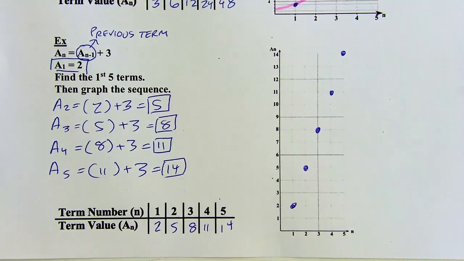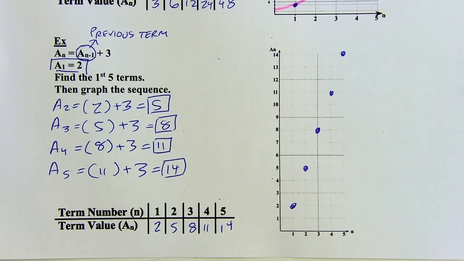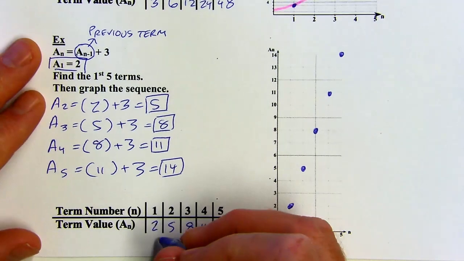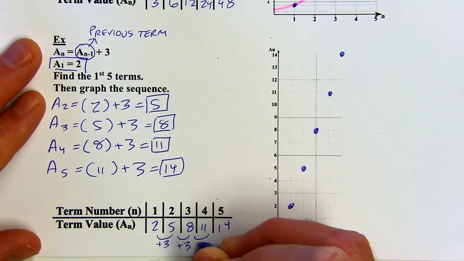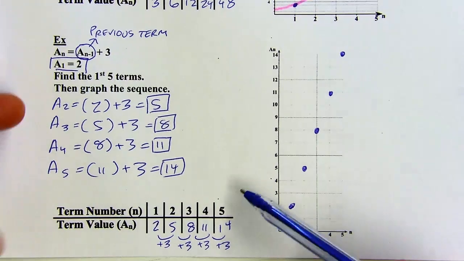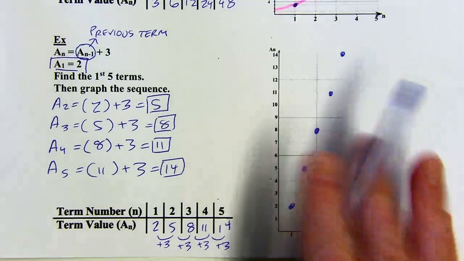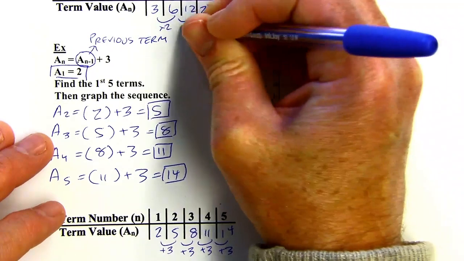Okay, this one looks like it's lined up in a straight line, and that makes sense because on this one, it's a linear term. We're adding to get from one term to the next for the y's, as opposed to this one where we're multiplying by 2 to get from term to term.